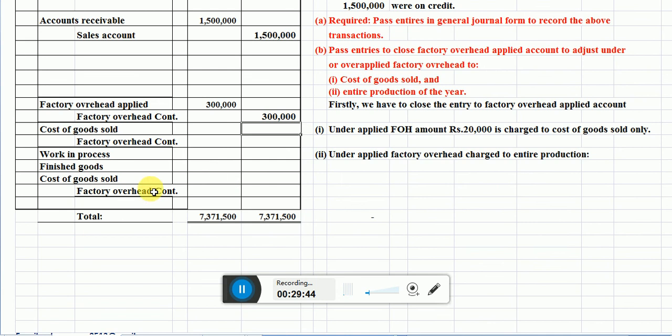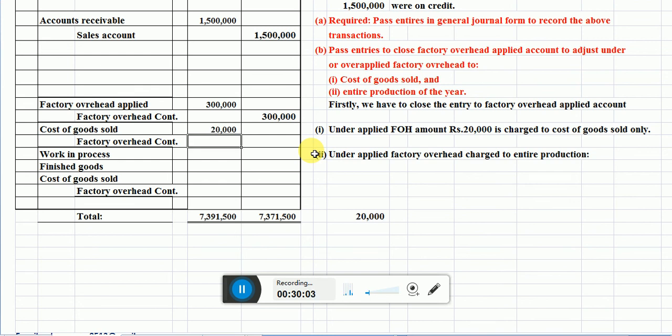Students, for the first requirement, underapplied factory overhead amount rupees 20,000 is charged to the cost of goods sold only. So the entry will be passed here in this form. 20,000 rupees is the debit form.